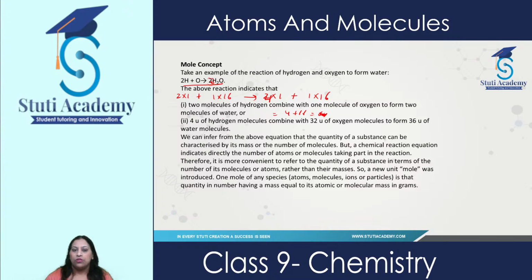We can write like this: 4U of hydrogen molecules combined with 32U of oxygen to form 36U of water molecules. So this 2 is applicable to this hydrogen. In this way, it is very easy for us to calculate the molecular mass.